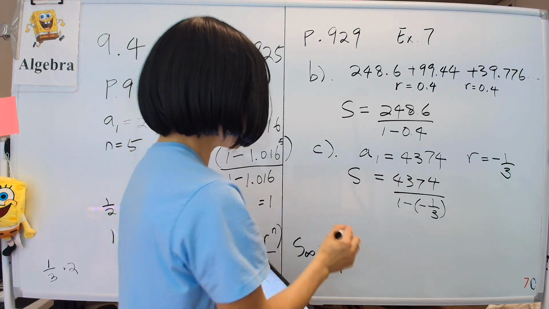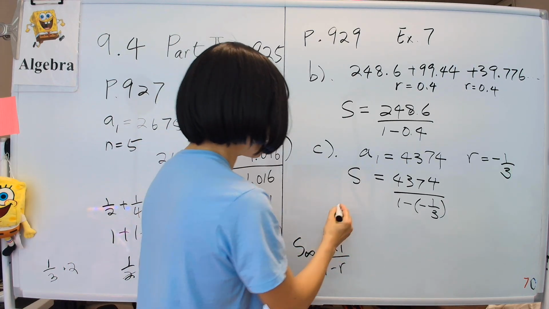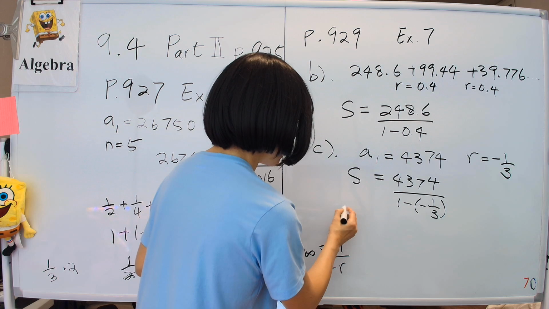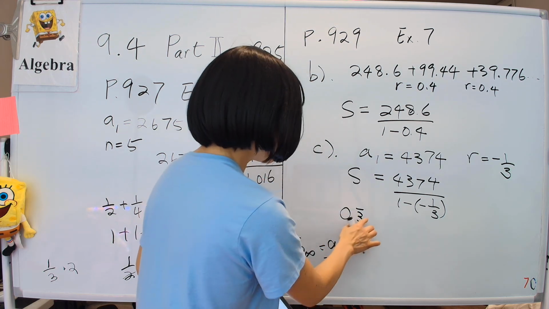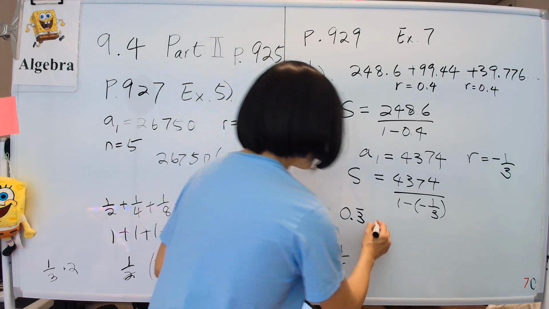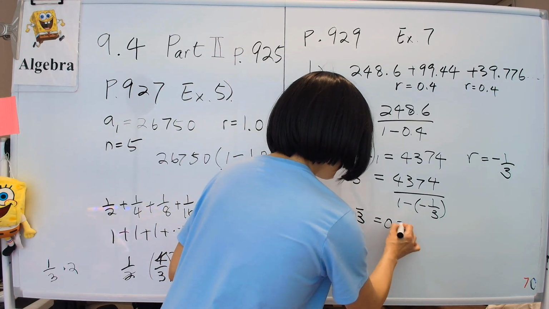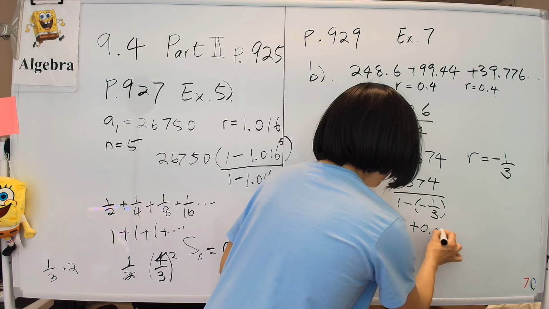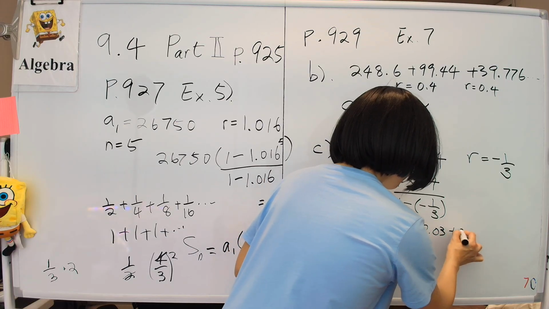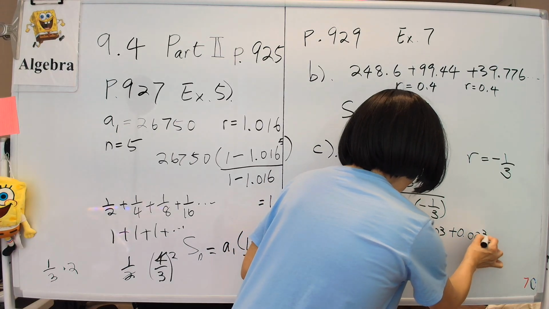So we're going to use this trick right here and write down 0.3 with the 3 being repeated. The bar means repeat this thing forever. So that is the same as 0.3, written as a series, plus 0.03, plus 0.003, and so on.